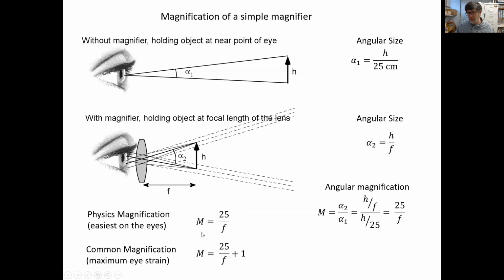So say you go through this formula and calculate that the magnification of a lens is 2.5, then the common magnification that anybody would quote if they're selling these lenses would be 3.5. So I just call that common magnification and physics magnification. No physics books ever mention this second one, but it is the one that is always used out there in public when you buy or sell magnifying lenses.